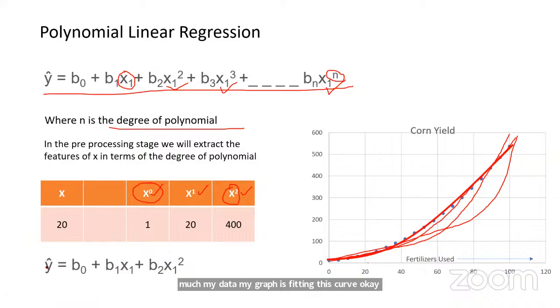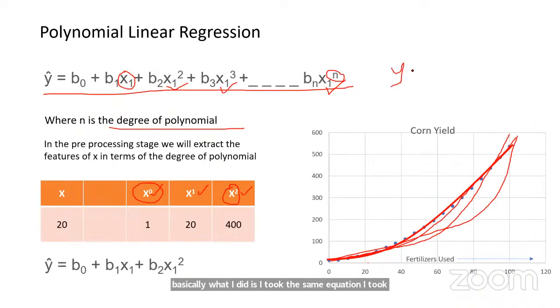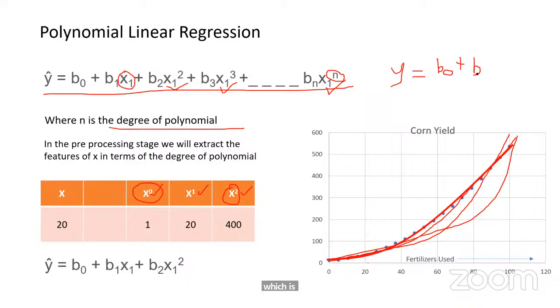Basically, I took the same equation, the equation of a line, which is y equals b naught, which is the intercept, plus b1, and I change x to x to the power 1.